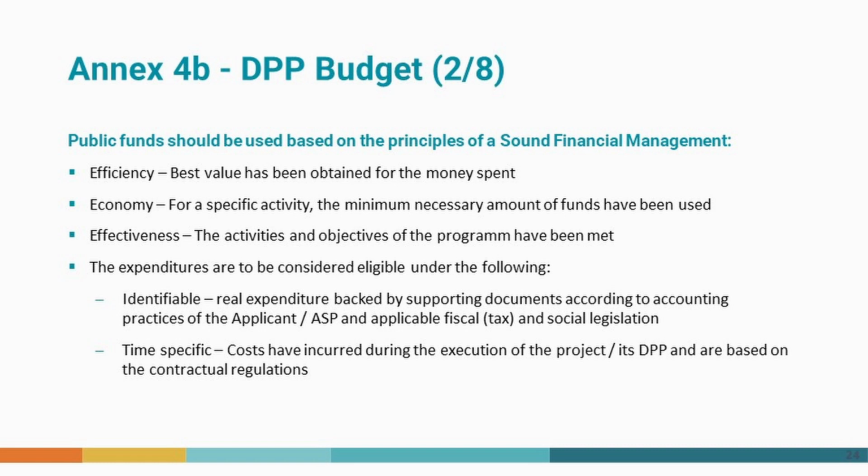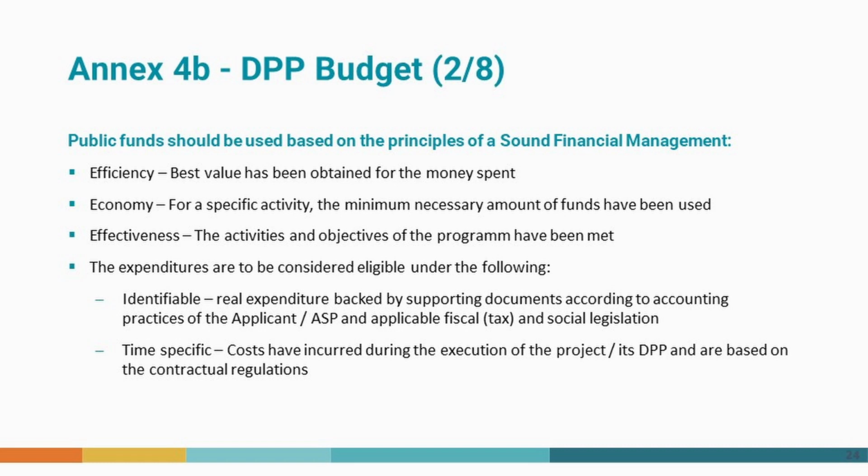Efficiency. Best value has been obtained for the money spent. Economy. For a specific activity, the minimum necessary amount of funds have been used. Effectiveness. The activities and objectives of the program have been met.